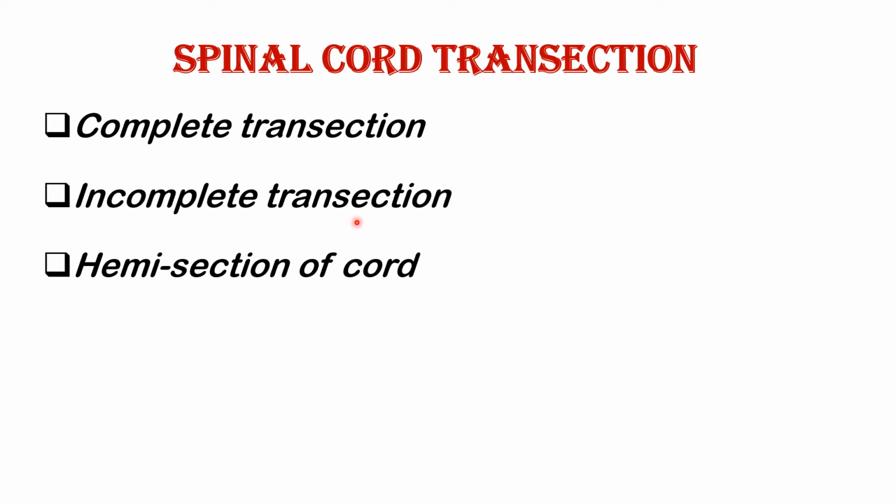That is, there is severing of the spinal cord connection with the higher centers, but some connection is still maintained. Then another is hemisection of the cord, that is, the spinal cord is completely cut by half. That is, whole complete transection is not there. We can call it incomplete transection only.